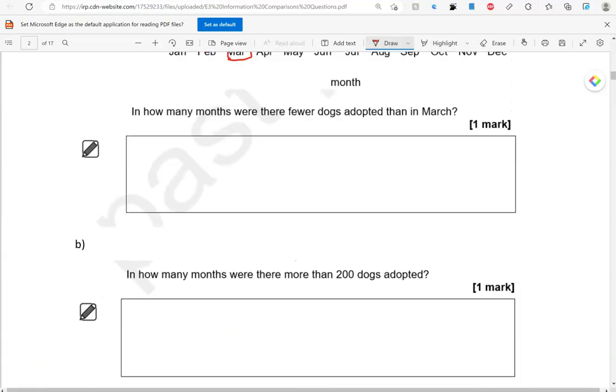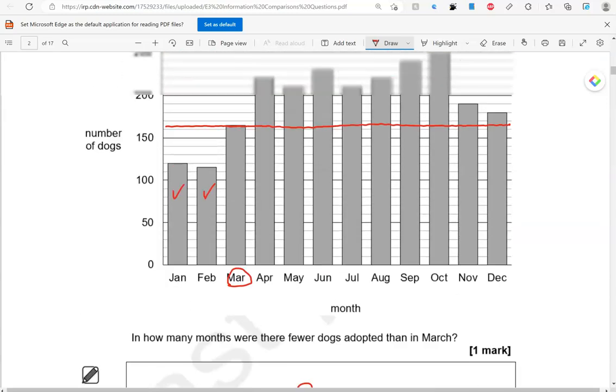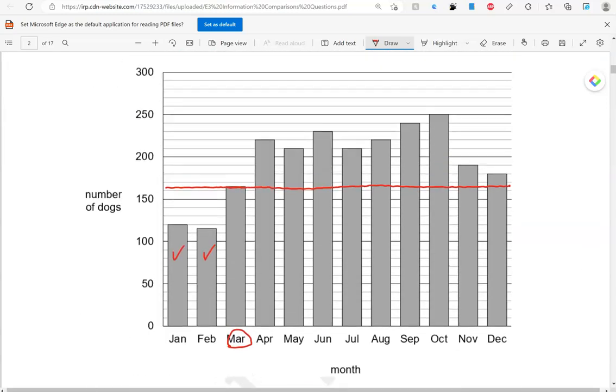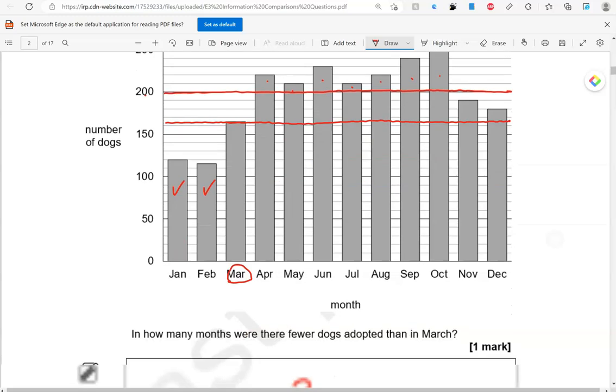I can see that the question is asking in how many months, so we don't need to specify January and February. I'm just going to say 2 months. In how many months were there more than 200 dogs adopted? So there is 200. So I'm going to draw a line across. So we have quite a few months where more than 200 dogs were adopted. We have 1, 2, 3, 4, 5, 6, 7.